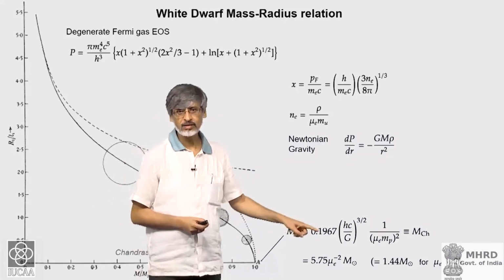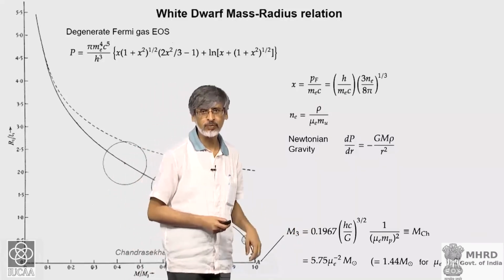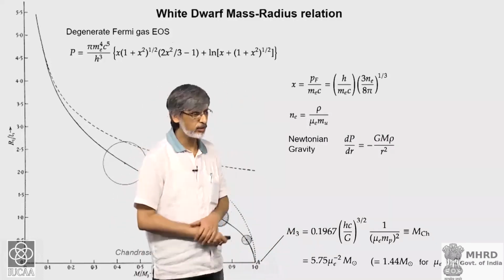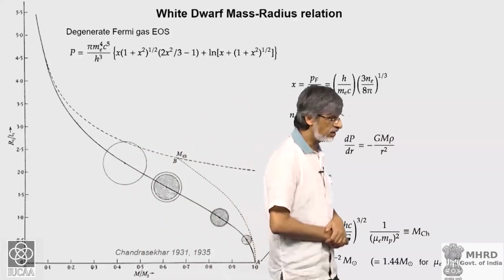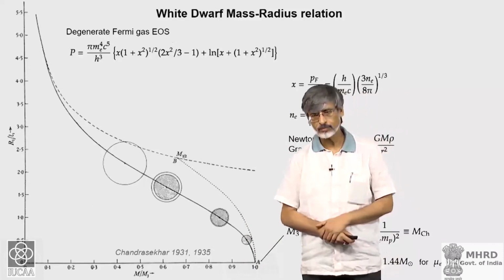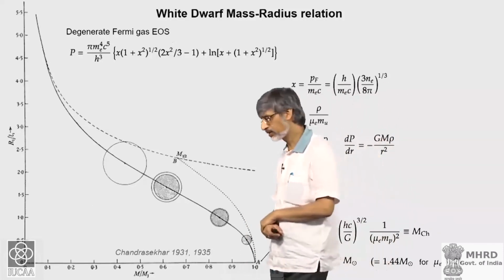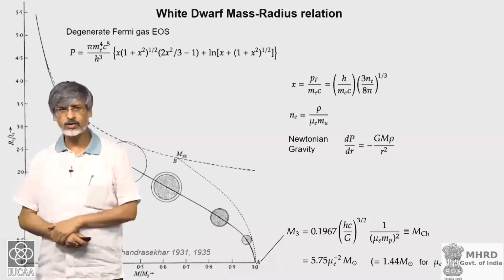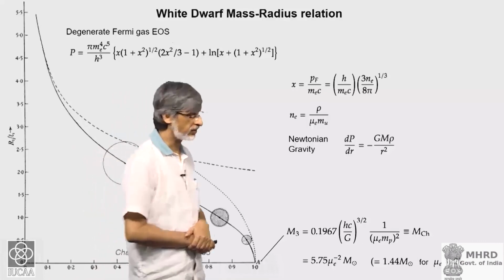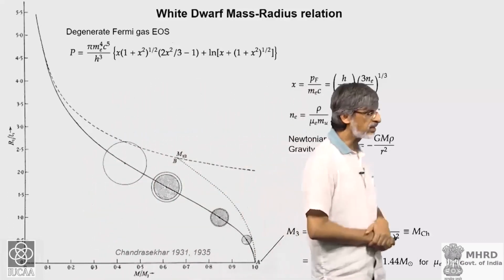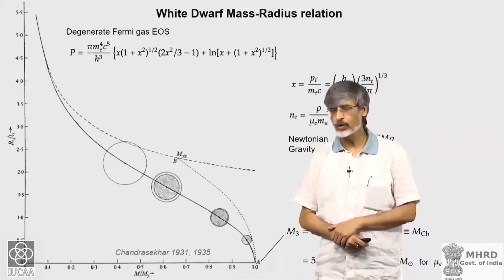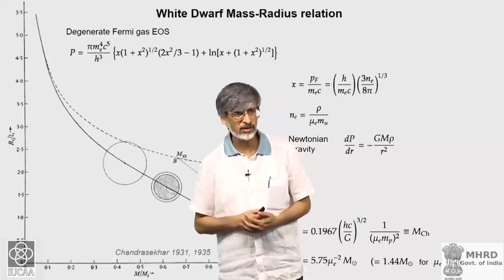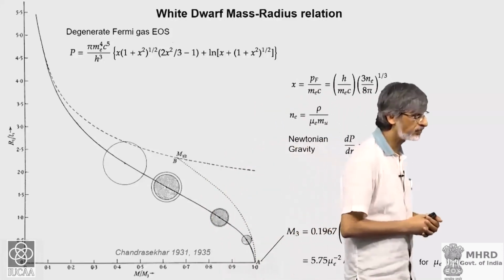Numerically, this then works out to be 5.75 solar mass divided by mu e squared. So, mu e, as I said, is the mean molecular weight, which is number of nucleons per electron. Now, we have already seen what kind of composition white dwarfs have. They are either helium or carbon oxygen or oxygen neon magnesium.